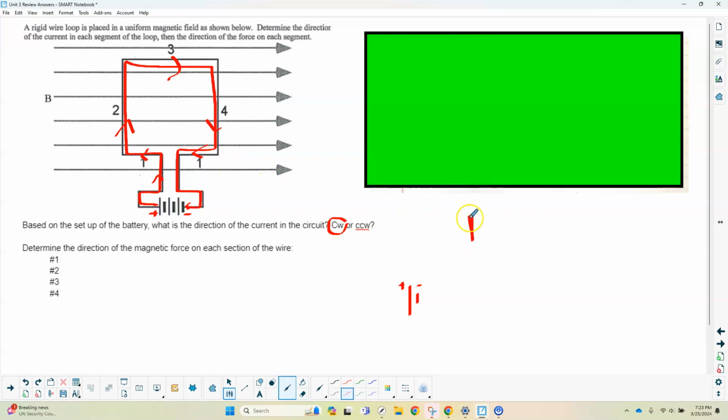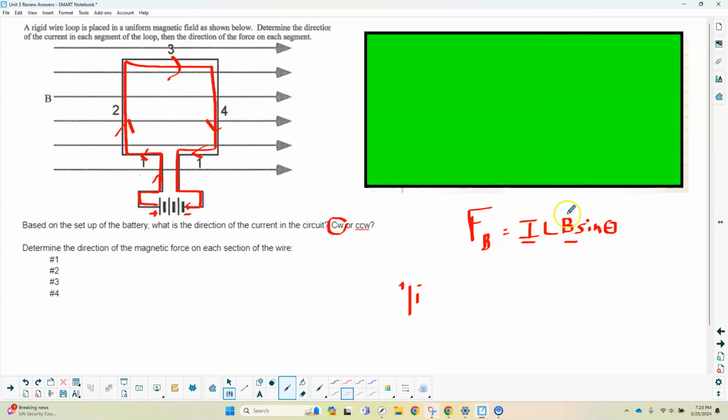One other thing you should note, for the magnetic force on a current carrying wire, it's ILB sine theta. And the sine theta part's important here because you have to look at the angle between the current and the magnetic field. L is the length of the wire that's in the field.